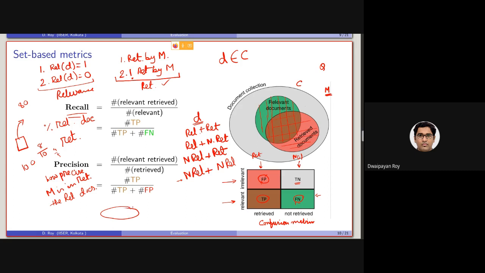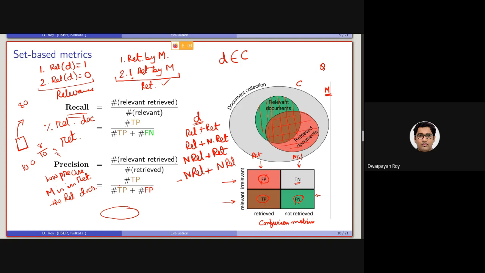So, I hope you can understand, in the denominator it will be all the retrieved documents. In this diagram, all the retrieved documents are this brown plus this pink. So basically false positive plus true positive. That is all the documents predicted to be relevant by the retrieval model.